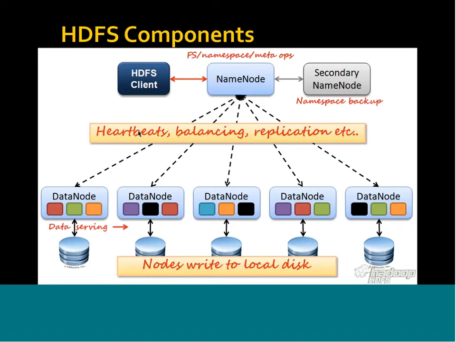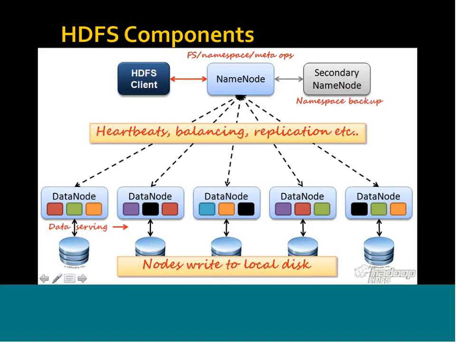So it is the heartbeat which tells your name node which data node is actually running. Whenever an HDFS client does a write operation, that write operation will be managed by the name node. Name node will tell the client which data nodes are near to him where he can write the data, right?